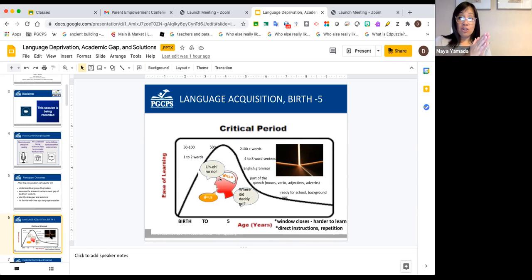So from birth through the age of 5, that is the most critical time for acquiring language. So here, if you see in my diagram, I have from birth through 5 and what happens during that time period.